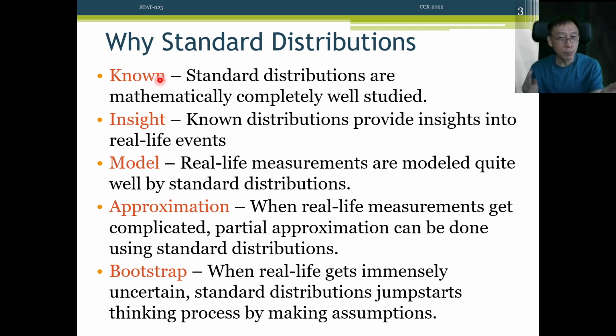Well, if we can establish the link to one or even a few well-known standard distributions, then if we pretend that they are one and the same, the well-studied behaviors in the standard distributions will give us all the probability calculations and mean and variance and everything as if they actually describe the real life situation. That's the nice thing about standard distributions being known.